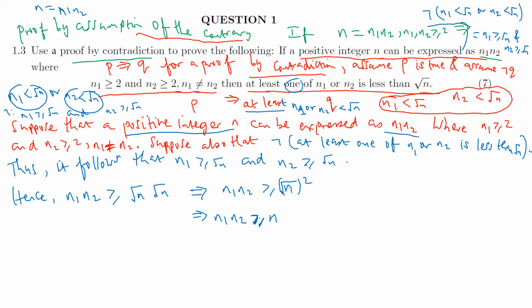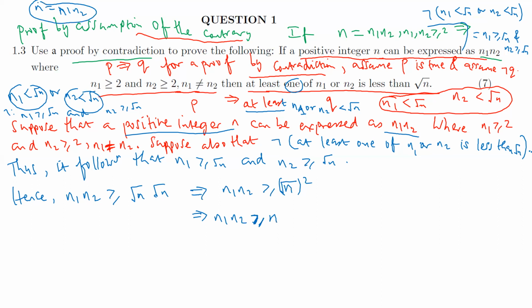So n1, n2 greater or equal to n. What is the meaning of this? Does it make sense from the fact that you started with a positive integer and you got n1 and n2 through factoring? Now n is equal to n1, n2. In other words, you started with n equals n1, n2.